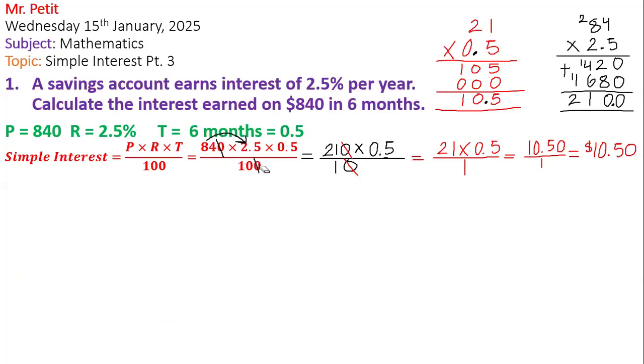After we cancel the zeros, we say 84 multiplied by 2.5, which gives us 210. We cancel the zeros again, then we say 21 multiplied by 0.5, and 21 multiplied by 0.5 is 1050 over 100. It's going to be $10.50, and that's the answer to this one.